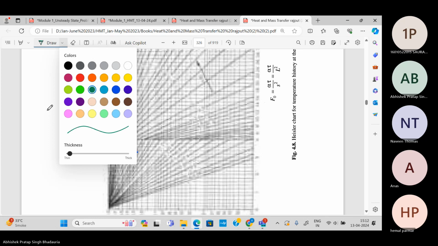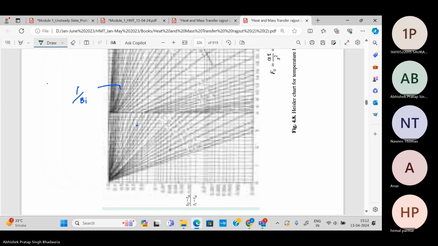With the help of these, we will locate a point on this chart, and then we will take the projection. So we can directly get the value of T naught minus Ta divided by Ti minus Ta. So we got the value as 0.6.